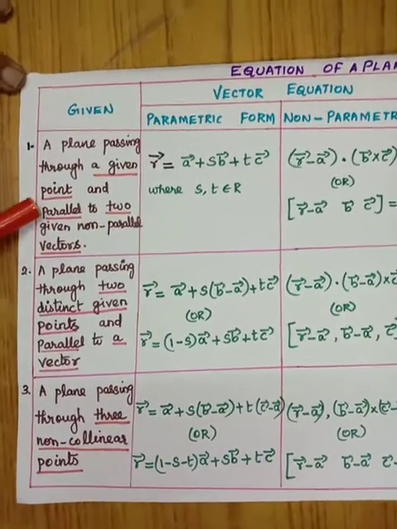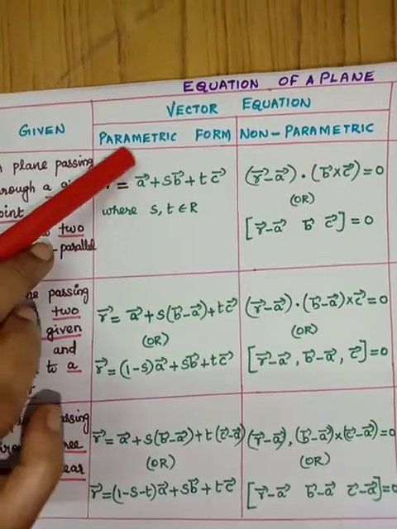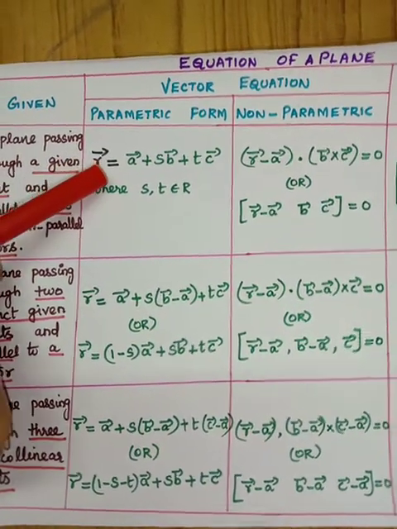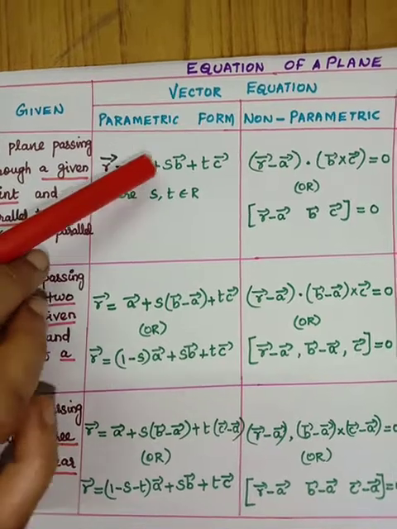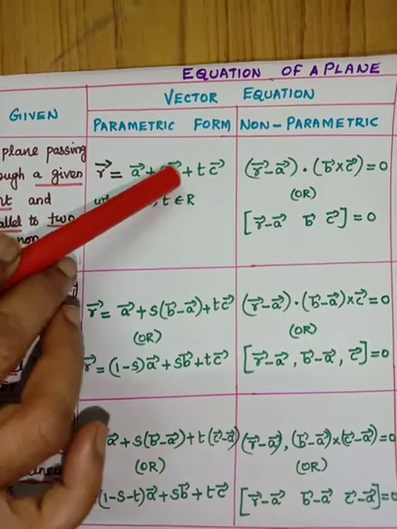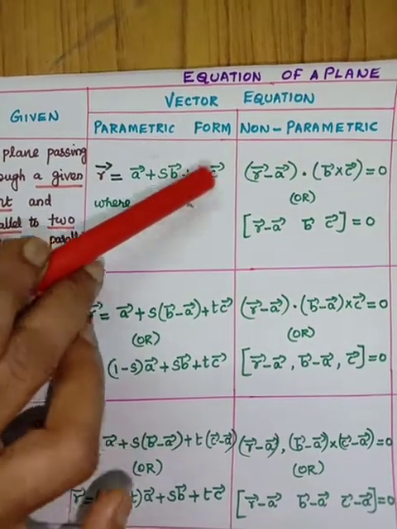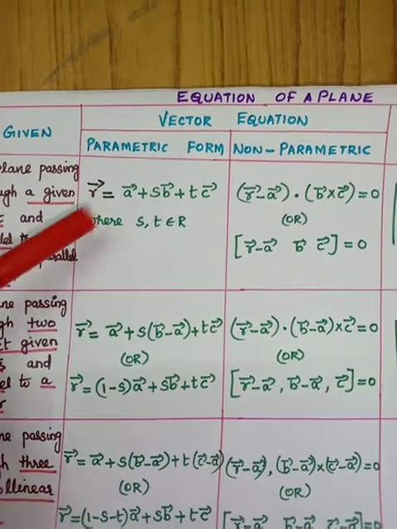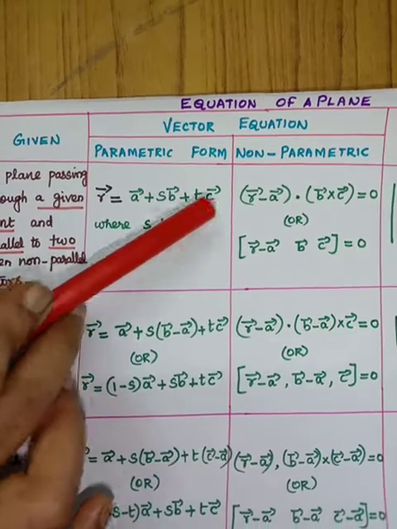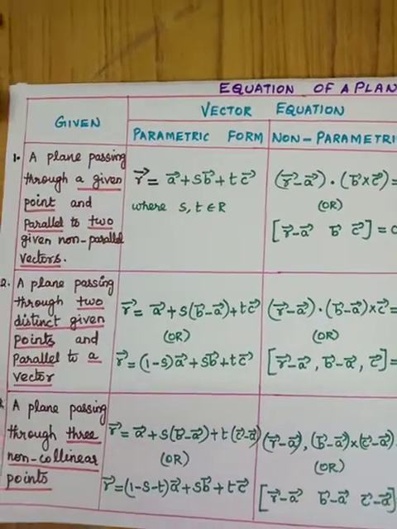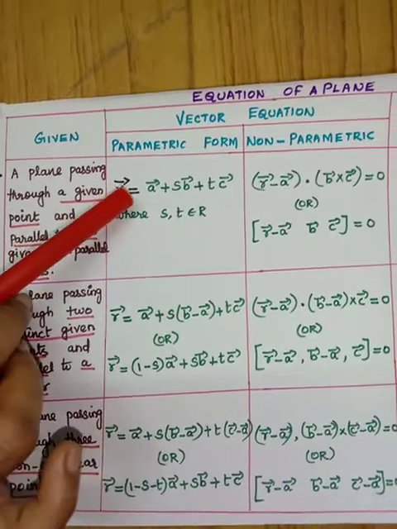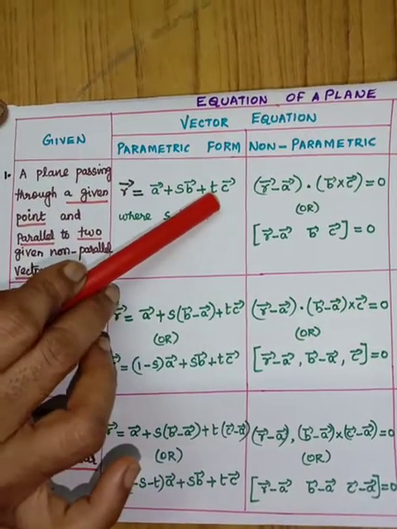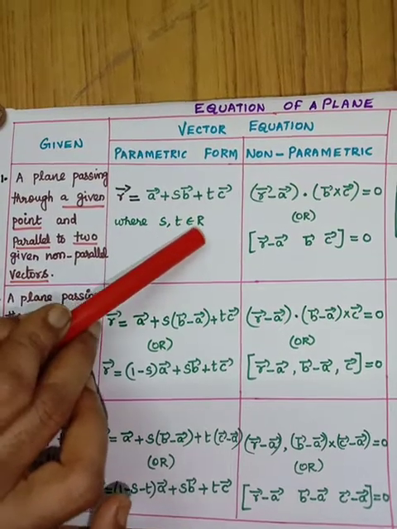If it's given, the parametric form of vector equation of the plane is R vector equals A vector plus s B vector plus t C vector. This A vector is the position vector of the passing point and B vector, C vector are parallel vectors to the plane, where s, t belong to R.